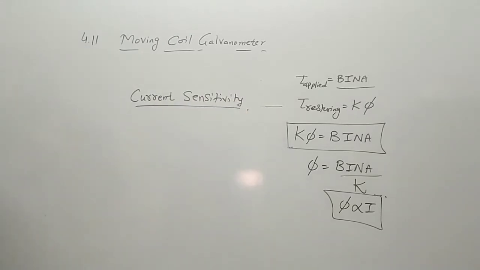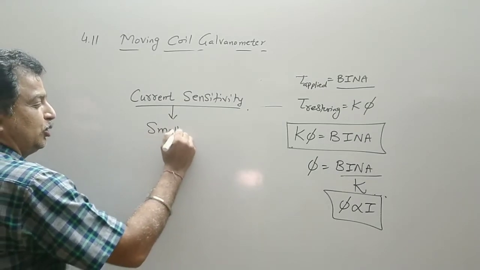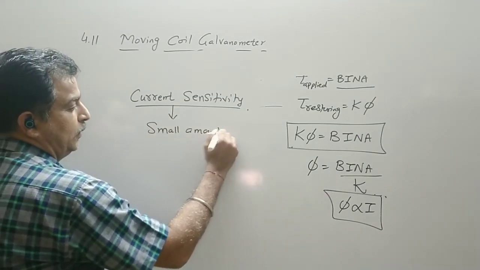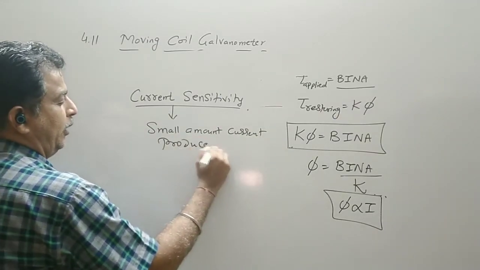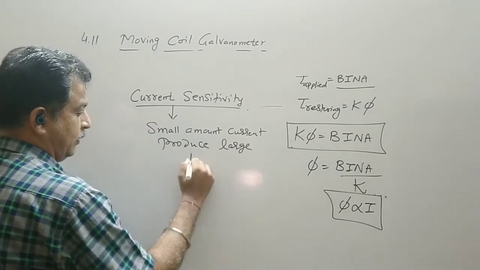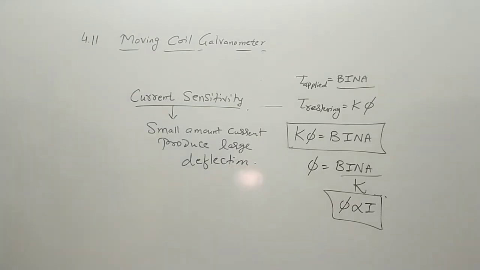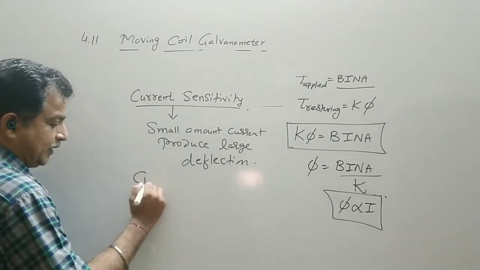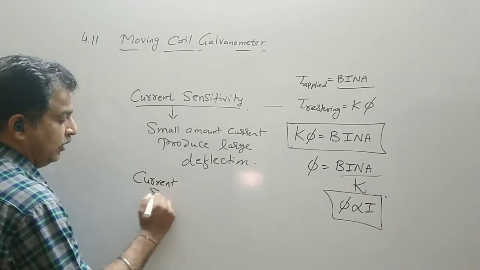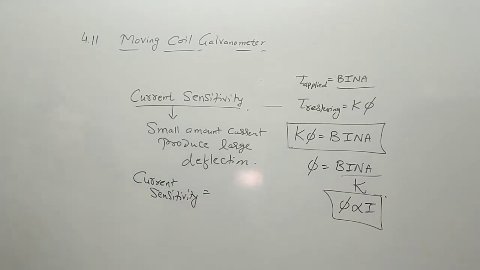Current sensitivity means a small amount of current produces a large deflection of a pointer. So if I pass a small current, the deflection, this is your deflecting angle, should be very large. So current sensitivity is equal to, now how will you remember?